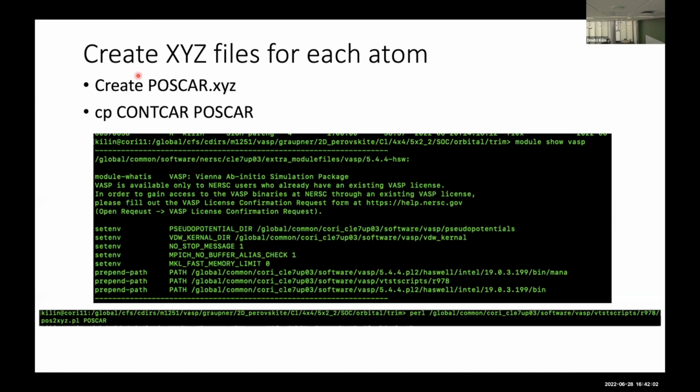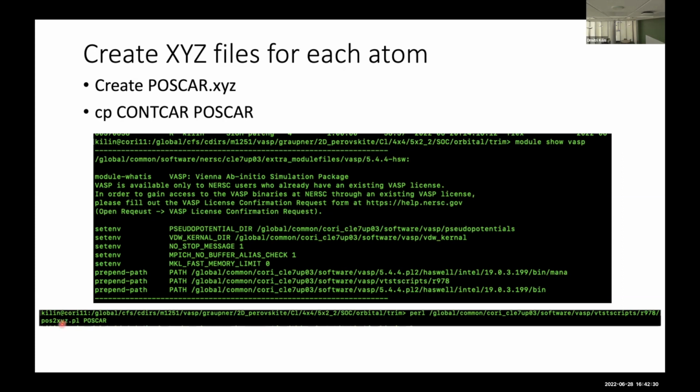And then to create the XYZ files, we first need to create a postcard.xyz, which I have detailed how you can do on NERSC. If you type in module show paths, it'll give you a list of useful paths, and you're interested in this one that has the VTST scripts in it.